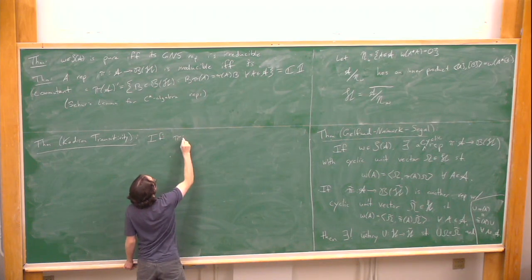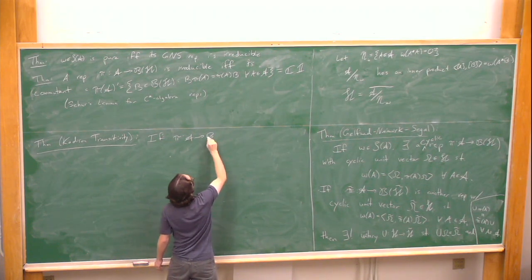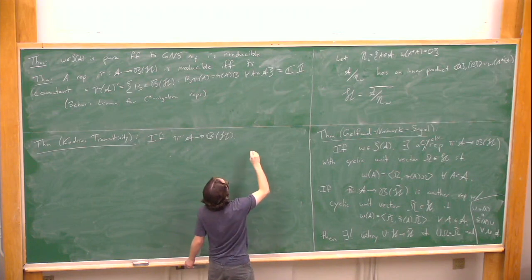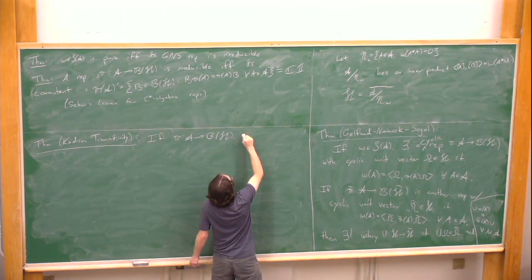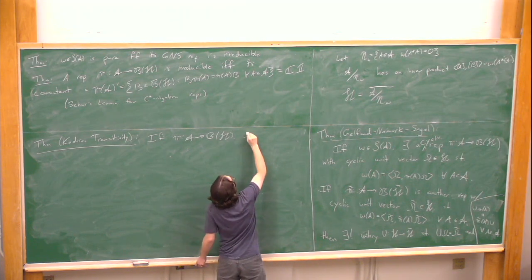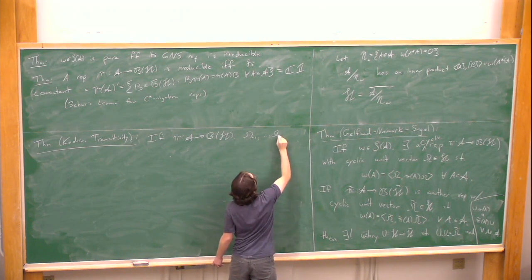So if you have an irreducible representation, and you have unit vectors, or sorry, not unit vectors, but just linearly independent vectors, we'll call them omega 1 up to omega n.